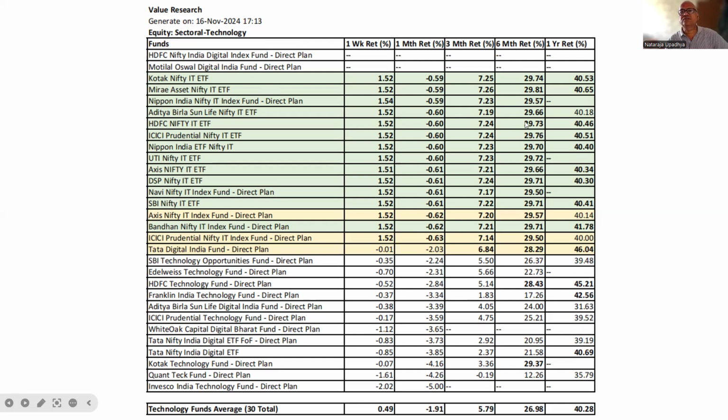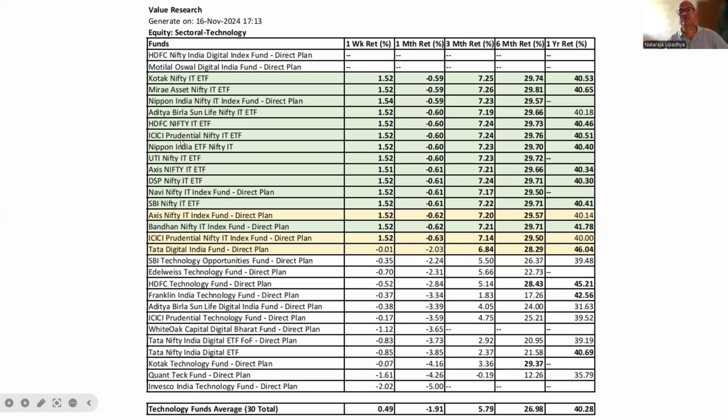The technology funds, the average return is given here, 40% for the year, positive for the week, negative for the month, and 5.79% for the last 3 months. The ones in green are Kotak Nifty IT ETF, Mirae Asset Nifty IT ETF, Nippon India Nifty IT Index Fund, Aditya Birla Sun Life Nifty IT ETF, HDFC Nifty IT ETF.